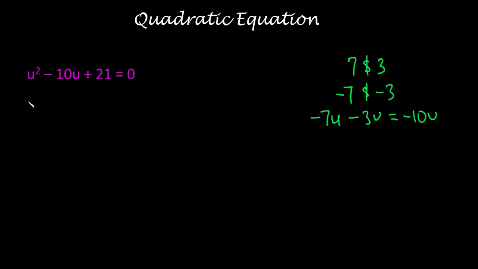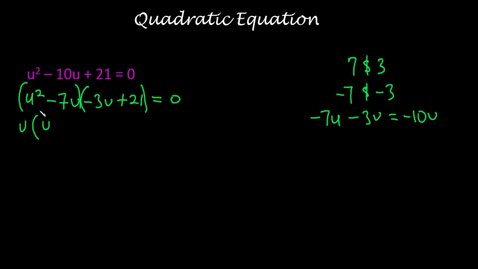So we write u squared minus 7u minus 3u plus 21 is equal to 0. Then we write our bracket. What is the like term here? That is u, and u squared divided by u is u. Minus 7u divided by u is minus 7. You put the bracket there.